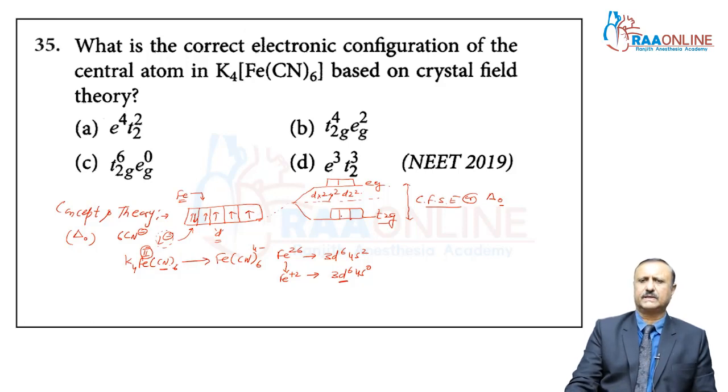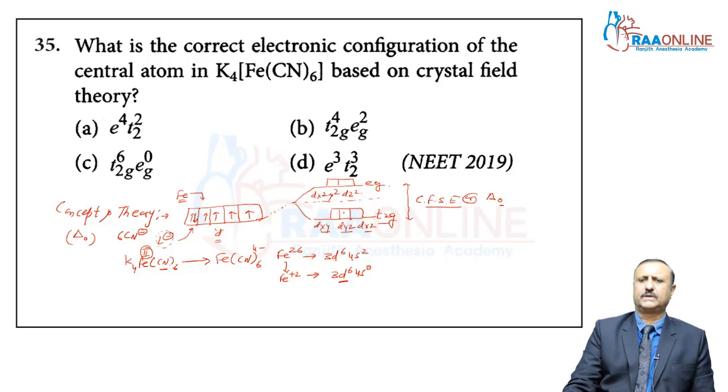So the energy increases, and it splits into two parts. Number one, dx²-y² and dz² have higher energy level, and dxy, dyz and dxz have lower energy level.